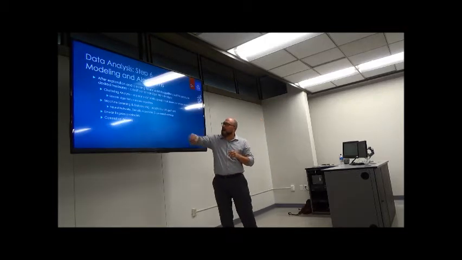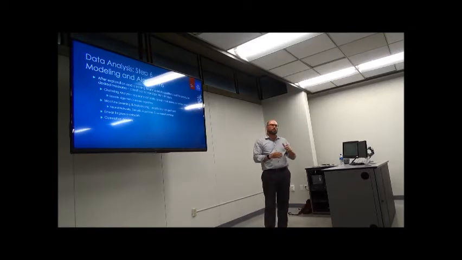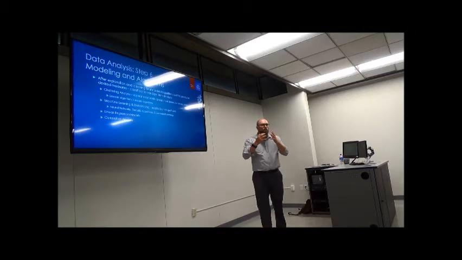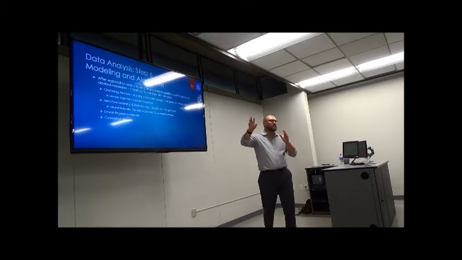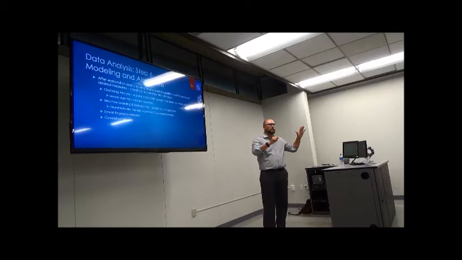You can do other things like machine learning. So you're looking for patterns in data, okay? And this is what's used a lot in things like Amazon or Facebook. They're looking for patterns in the data such that a given group of people that buys X, Y, and Z tend to buy W. And so if you go on there and you start to buy X, Y, and Z, then all of a sudden an ad comes up for W because they know that people that tend to buy those things also tend to buy this other thing.